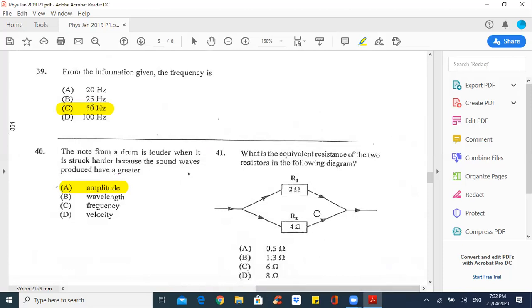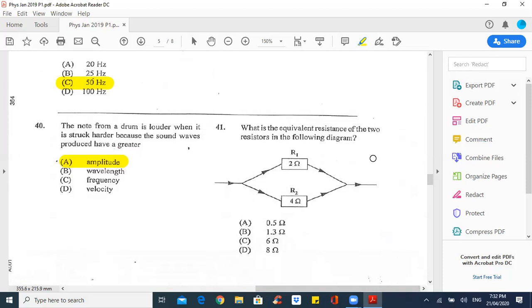Number 41. What is the equivalent resistance of the circuit? So you're going to use 1 divided by the equivalent resistance formula. RT is equal to 1 divided by (1 over 2 plus 1 over 4). Use a calculator. You put all of this in brackets: 1 divided by open brackets, 1, the fraction function, plus 1, the fraction function again.